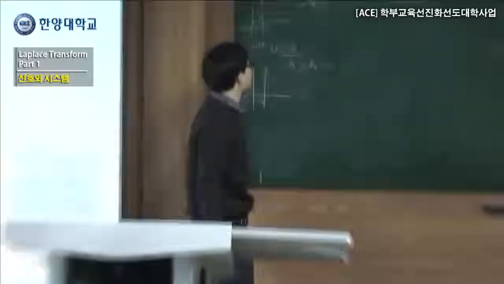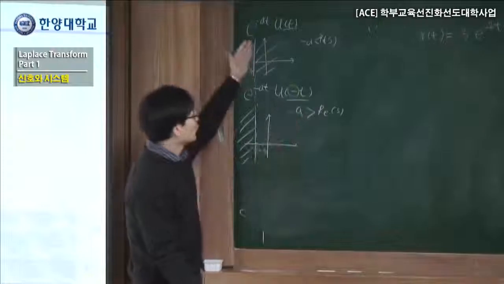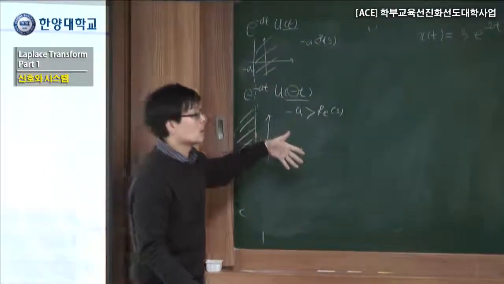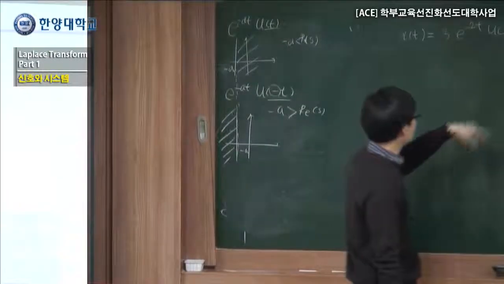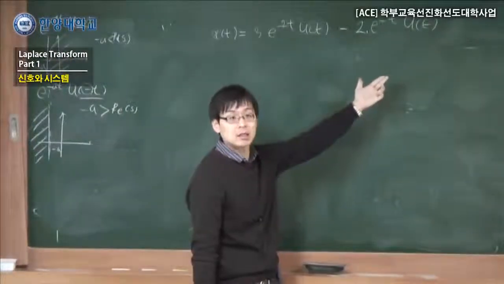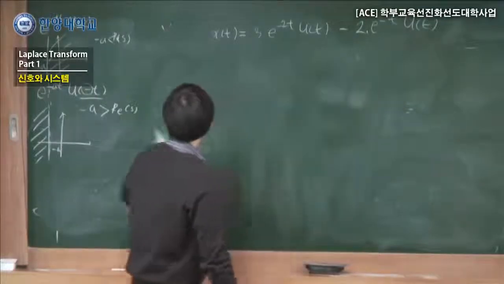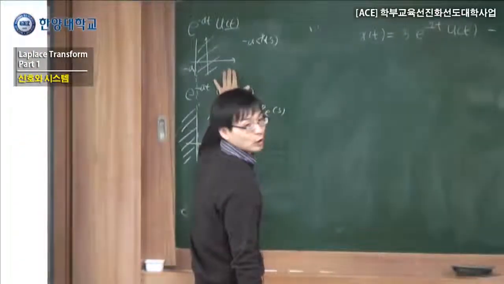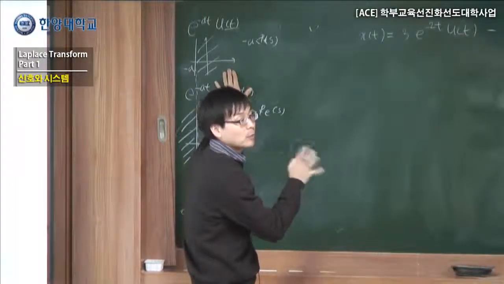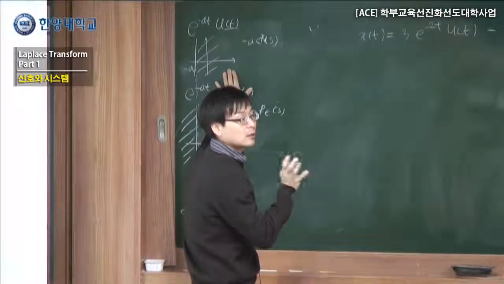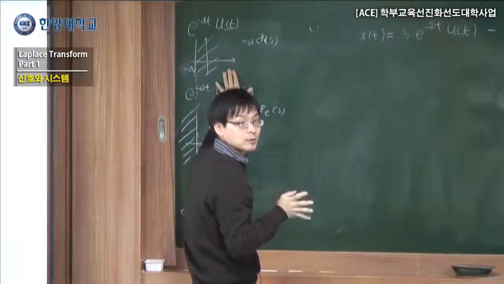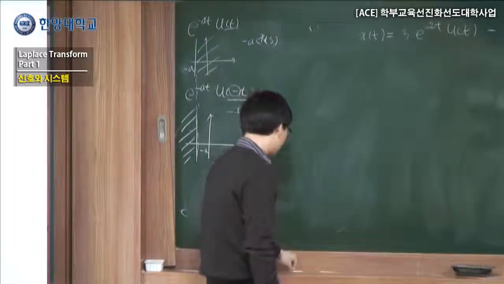When you see this one, as we already learned, if ut is positive, just ut instead of u minus t, then we already know what the region of convergence is. So before we move to calculate the Laplace transform, let's see if we can find where our region of convergence is first, intuitively.